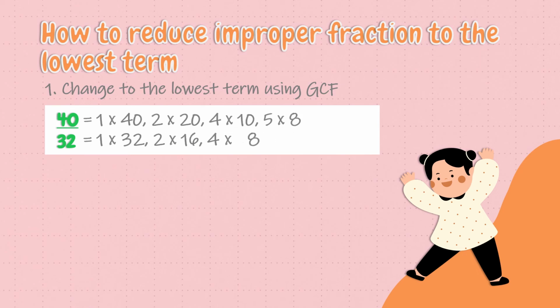The factors of 40 are 1 times 40, 2 times 20, 4 times 10, and 5 times 8. While 32, 1 times 32, 2 times 16, and 4 times 8. Again, look for the common factors. And the greatest common factor is 8. So the GCF is 8.